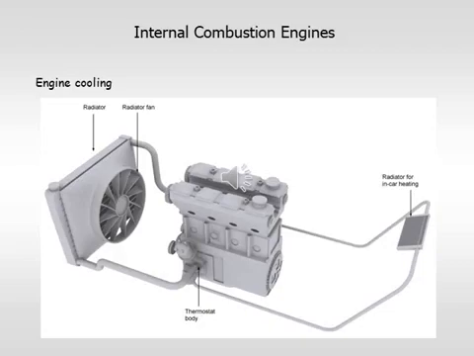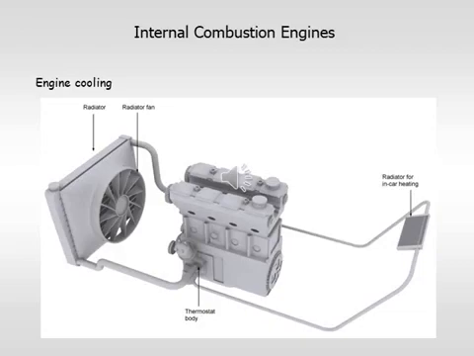So, now talk about the cooling system. A cooling system works by sending a liquid coolant through the passages in the engine block and heads. As the coolant flows through these passages, it picks up heat from the engine. The heated fluid then makes its way through a rubber hose to a radiator in the front of the car.